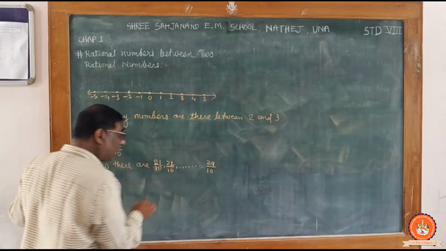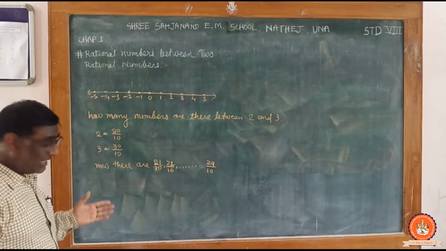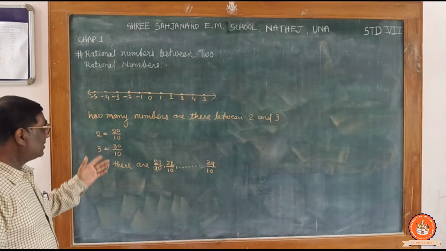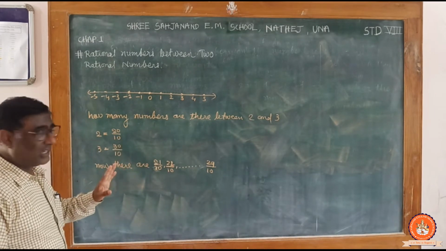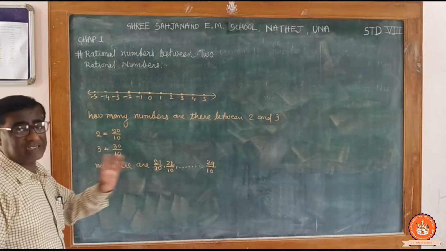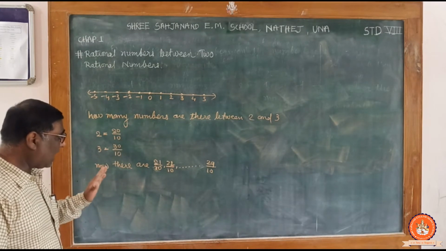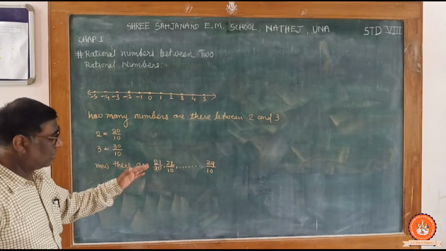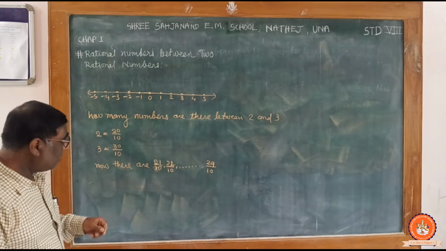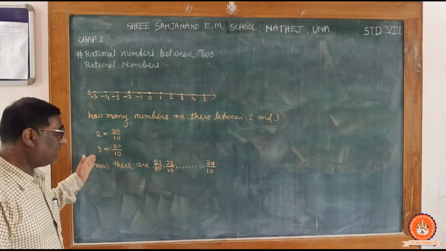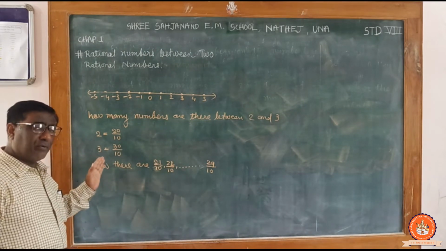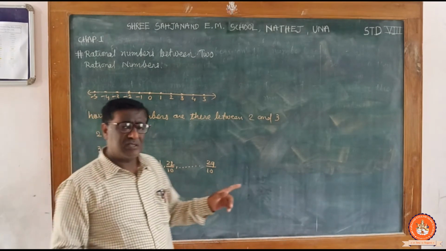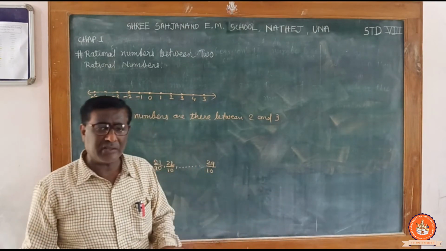So there are 9 numbers. These numbers are not integers. They are rational numbers. So there are 9 such numbers which lie between 2 and 3. Are you confirmed that only these 9 numbers lie between 2 and 3?